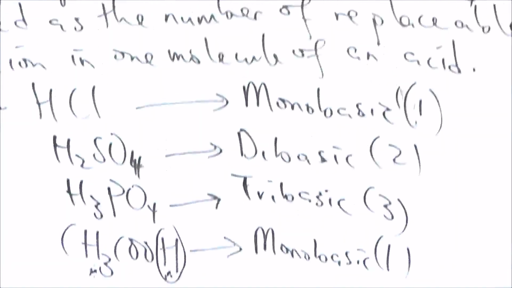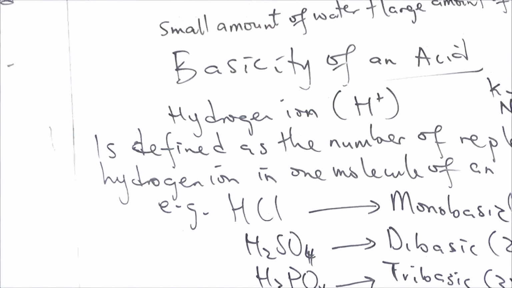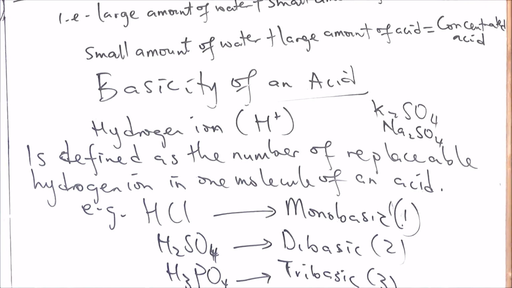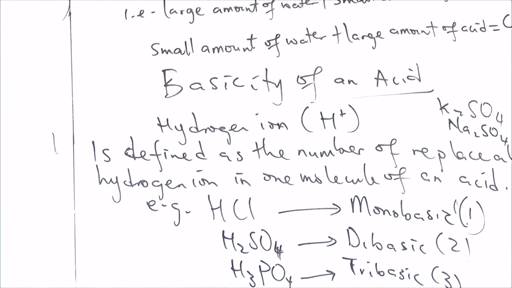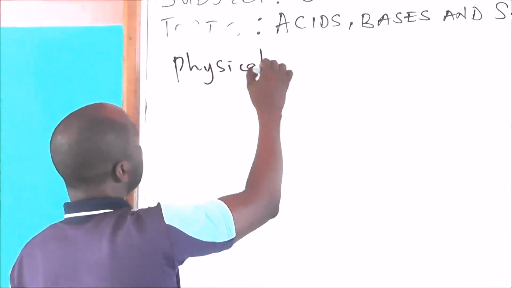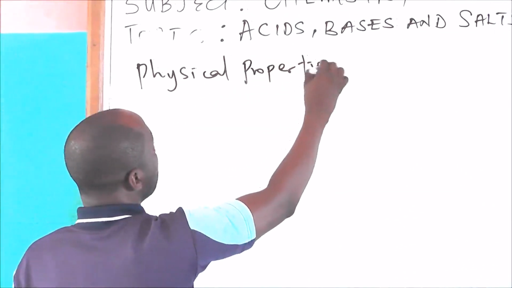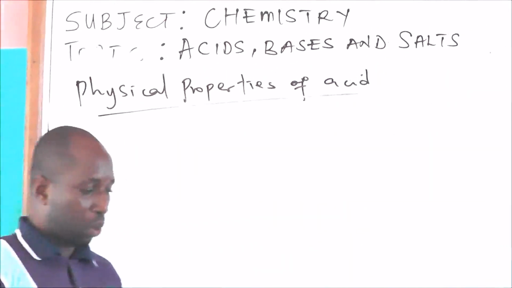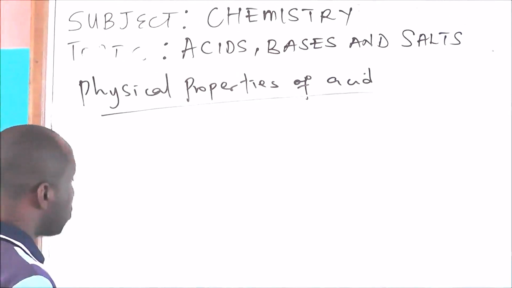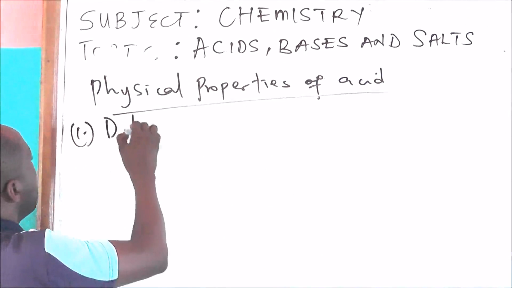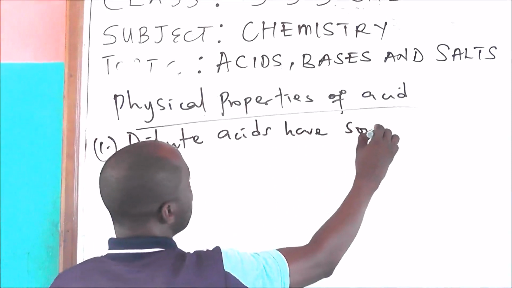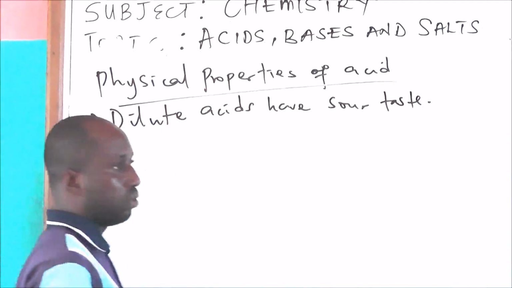We look at the physical properties of acid, and also the chemical properties of acid. First, the physical properties. Number 1, dilute acids have a sour taste.